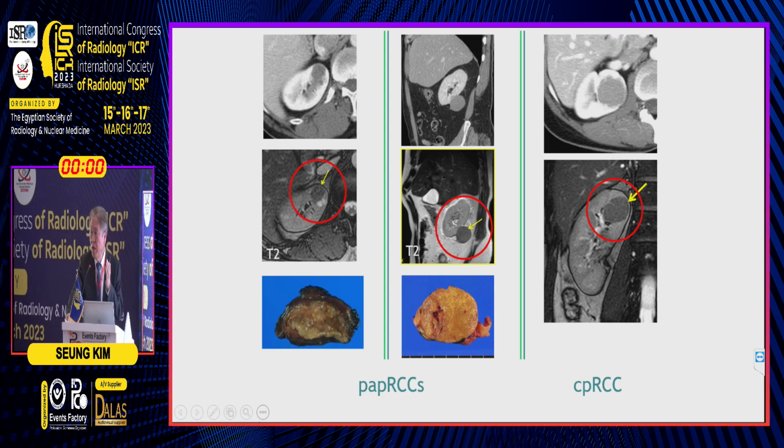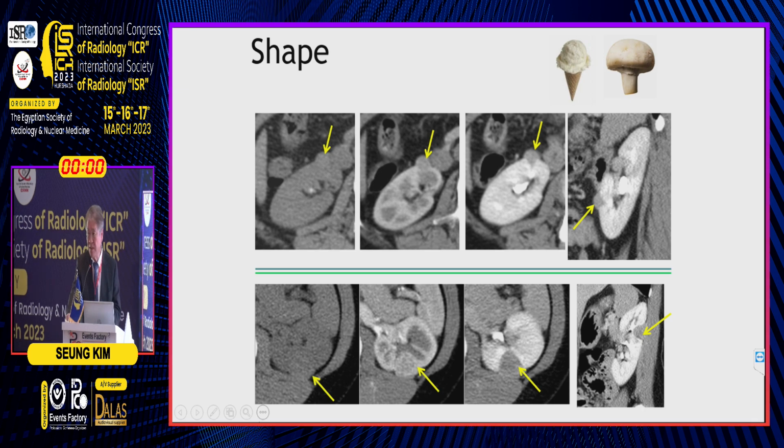But we should keep in mind that some renal cell carcinomas, especially papillary renal cell carcinoma, can show similar low signal intensity at T2-weighted images. The two left-sided masses with low signal intensity at T2-weighted images were papillary renal cell carcinomas, and the right side was even a chromophobe type renal cell carcinoma, which may show similar low signal intensity.